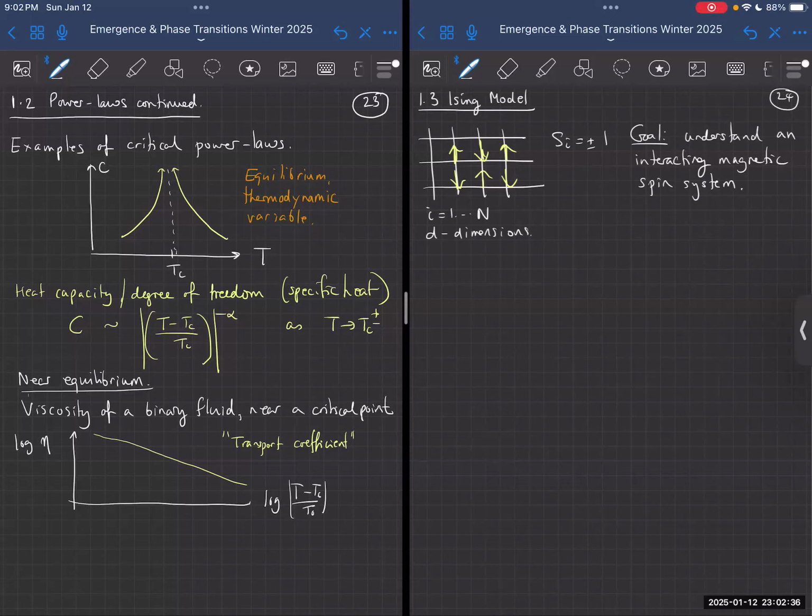So let's be precise about what this model is. So here is the Hamiltonian. I'm going to just write it down, and then I will explain to you what we mean.